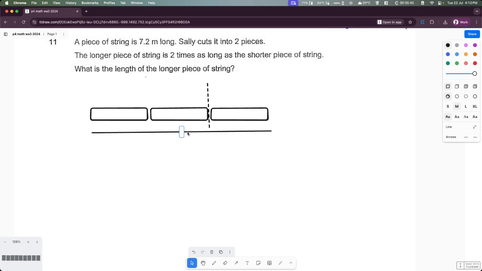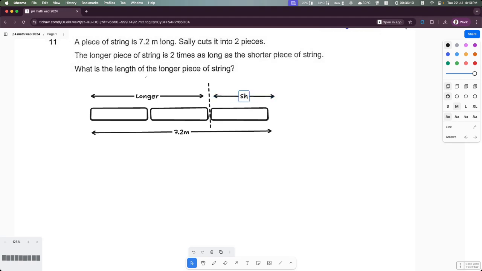The total here is 7.2 meters. And then I'm also gonna say that this is the longer piece, and then we also have the shorter one as well.